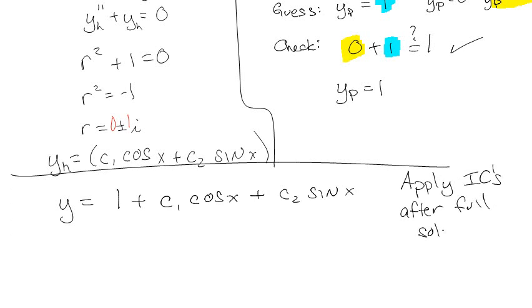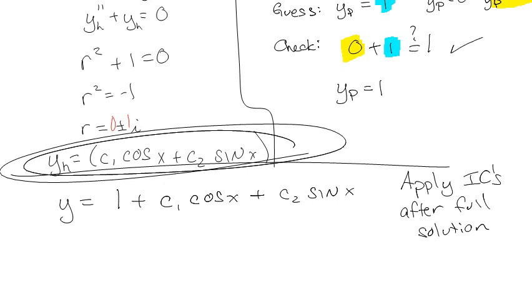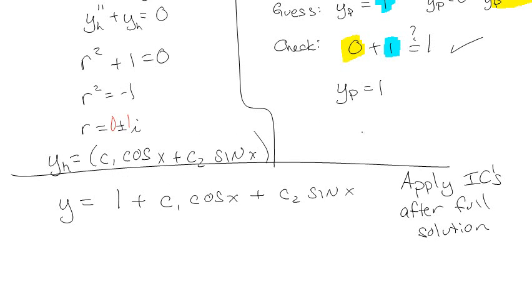What some people will do is try to apply the initial conditions earlier, which really doesn't make any sense because that's not your entire answer. You have to wait until you have the full solution. And because it's a second order ODE, we're usually going to need the derivative to apply the second initial condition. So we've got y prime equals minus C1 sine x plus C2 cosine x.